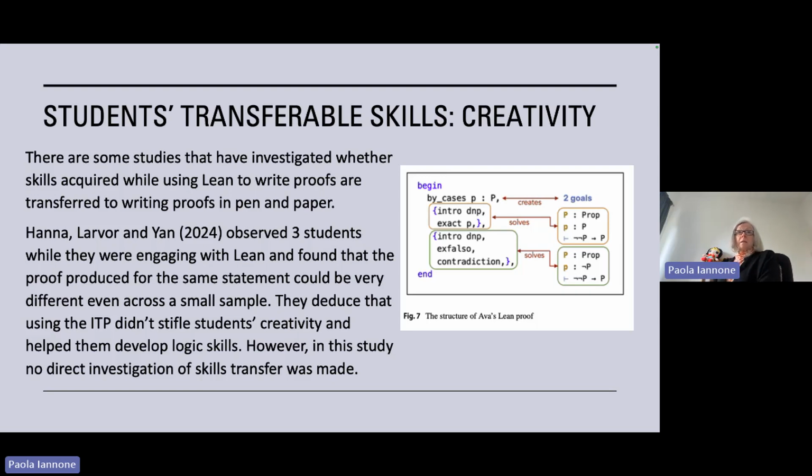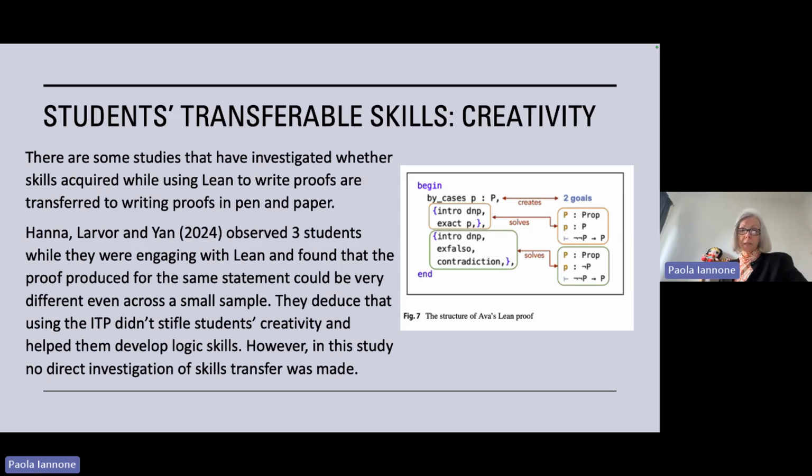So regarding transferable skills, I am aware of two studies in this direction. The first one is again by Hannah and her team. They asked first year students to go through Lean proofs.